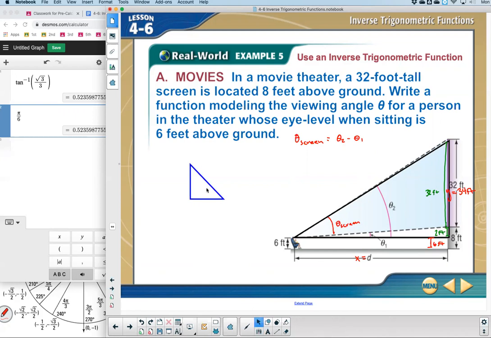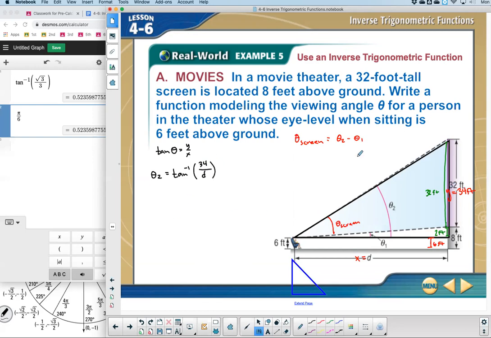So what have I learned so far? This major triangle has an angle of theta 2. And theta 2, if I'm using tangent, because I have x and y here, so if tangent is y over x, then I can say theta 2 will equal the tangent inverse of 34 over the x, which they just labeled d.